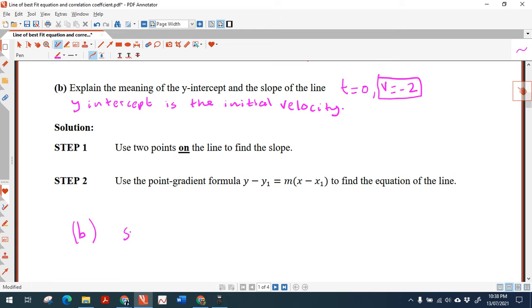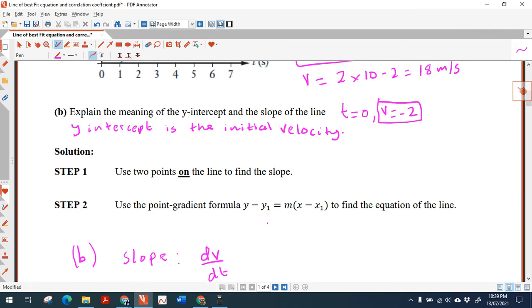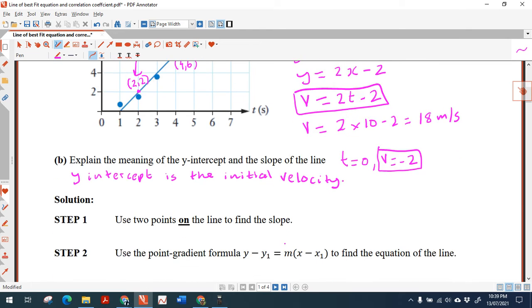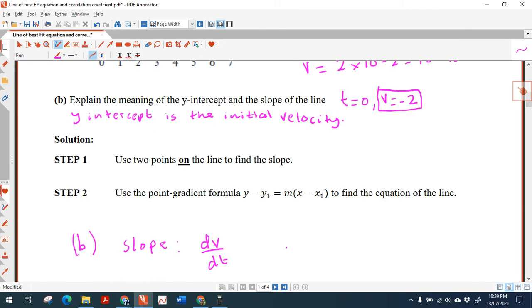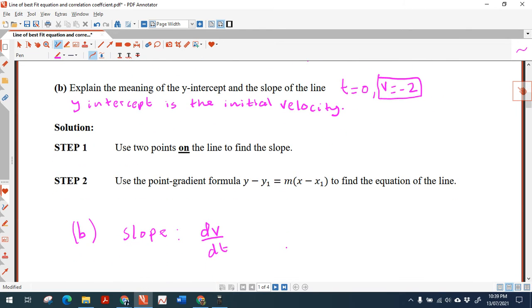Well, the slope of the line, right? So, a couple of ways that we can think about that. We can say it's really going to be dv dt. And if I differentiated that, obviously I would get 2.